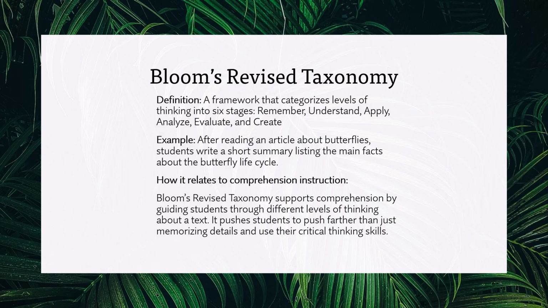This would be an example because they're remembering what they read, they're understanding and applying it by writing the short summary, and then they can analyze what they wrote, evaluate it, and then they can also make a concept map or a list for creating.